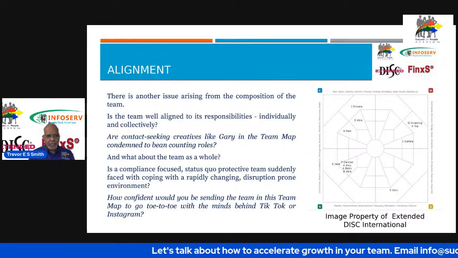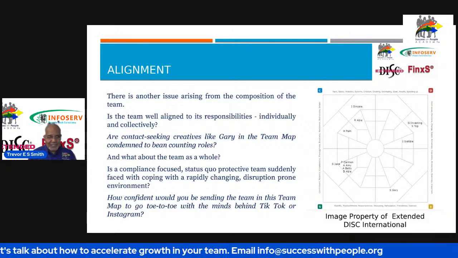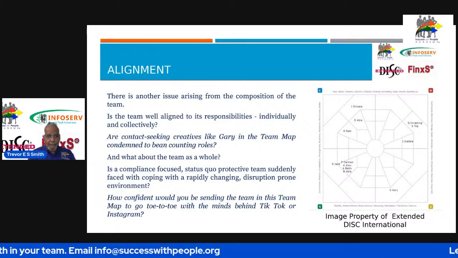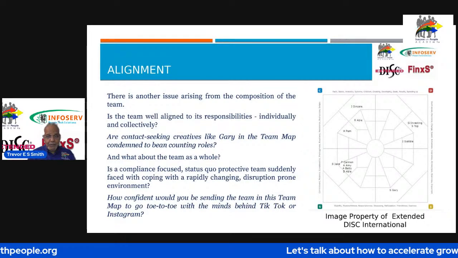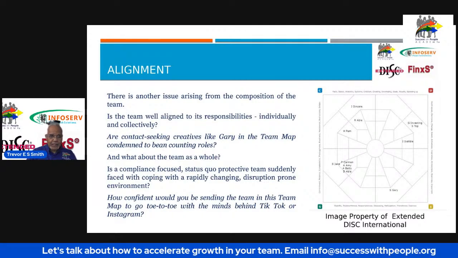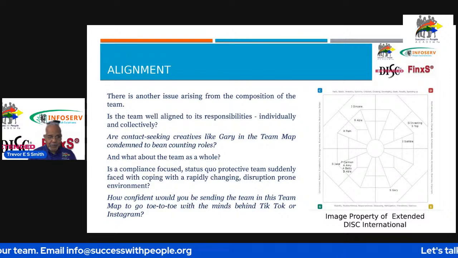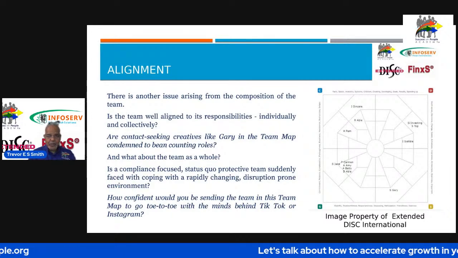And wouldn't that be crippling his spirit and his desire to really add value? And what about the team as a whole? If we look at the team to the left, if you understand the D and the I, the D is the dominance, driven, decisive, change oriented. The I would be for influence, inducement, as you would call it.